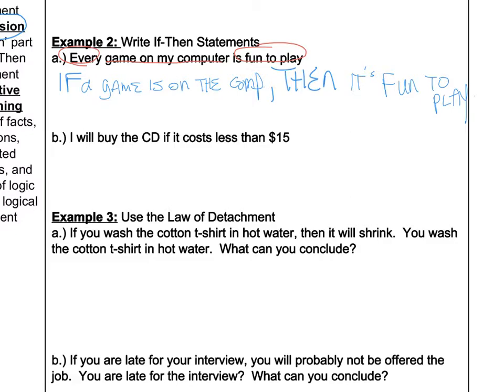Let's look at the next one. I will buy the CD if it costs less than $15. So think to yourself, if what? And I hope what you're thinking is right.